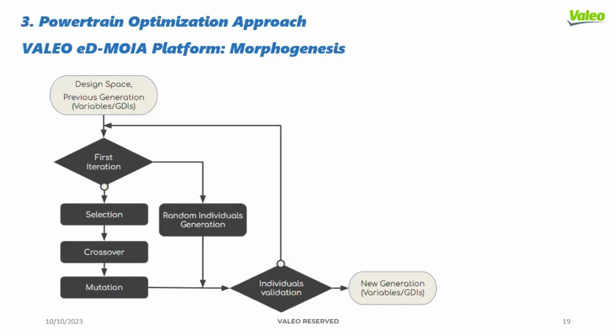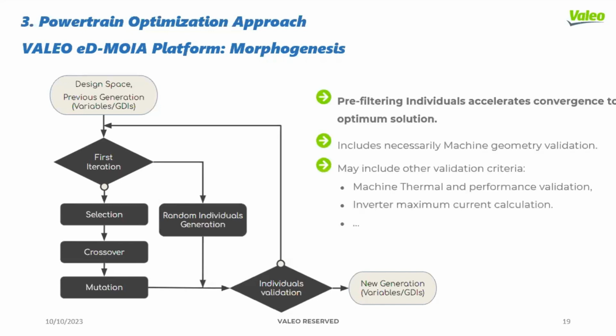The validation step is very important for the machine, because if we generate some parameters of the machine, we cannot guarantee that this machine is drawable, that it in fact represents a machine. So we will need some pre-filtering step in order to validate that the individual generated by the algorithm is drawable.